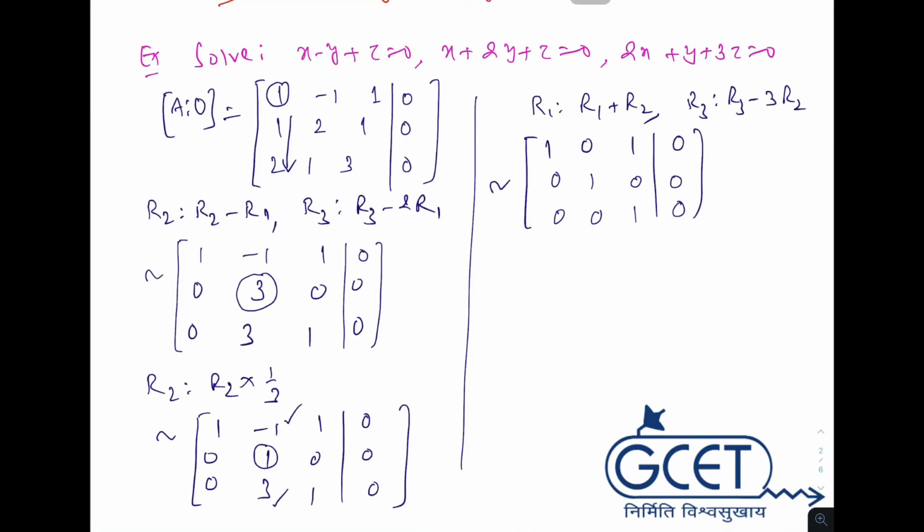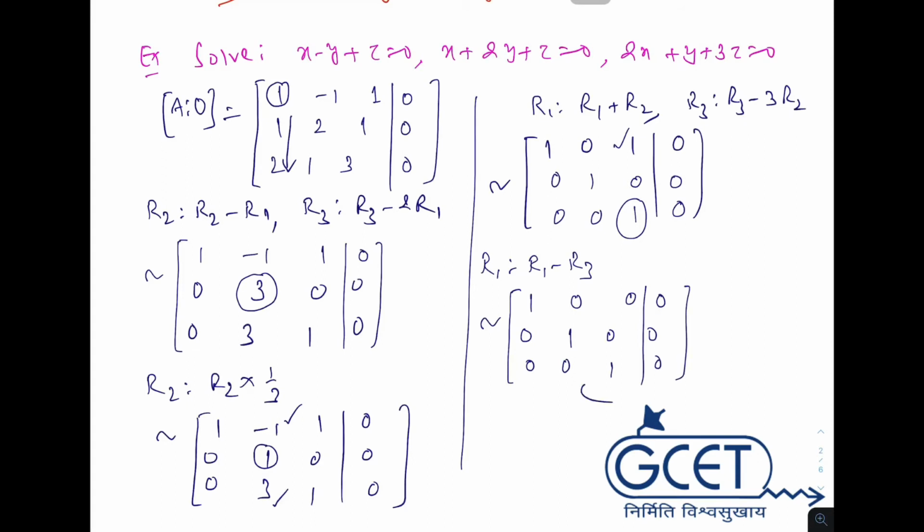Now this is already okay, this is now 1 here, so make the entry above this to be 0. So last operation, R1 minus R3, and so this is 1, 0, 0, 0, 0, 1, 0, 0, 0, 0, 1, 0. So this is in reduced row echelon form.